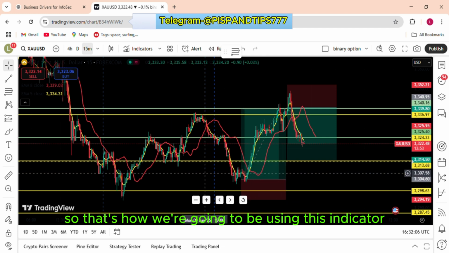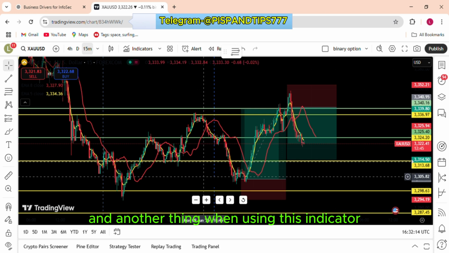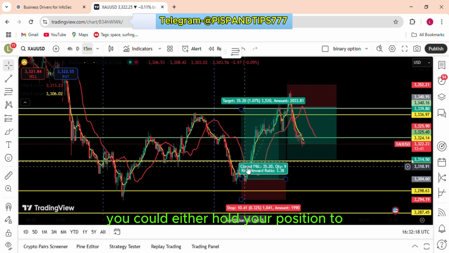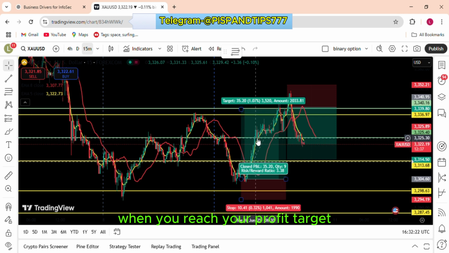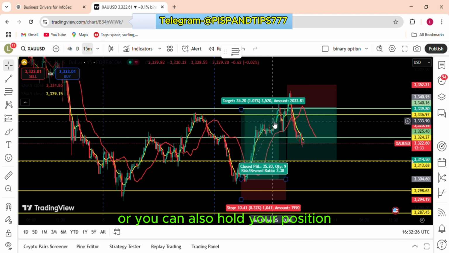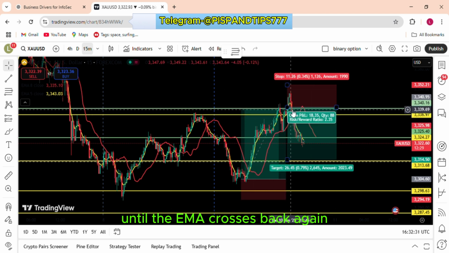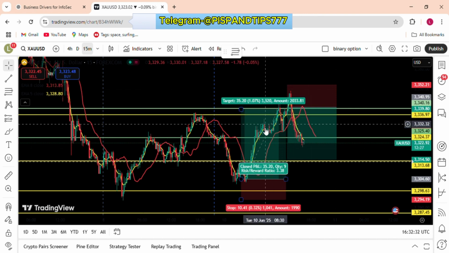So that's how we're going to be using this indicator. Another thing, when using this indicator, you could either hold your position until you reach your profit target, or you can hold your position until the EMA crosses back again.